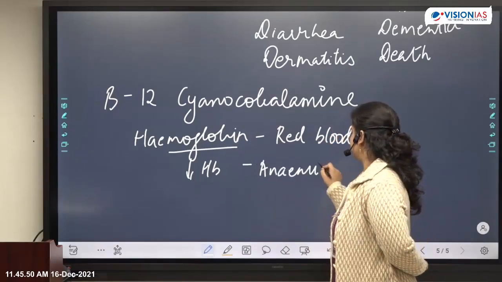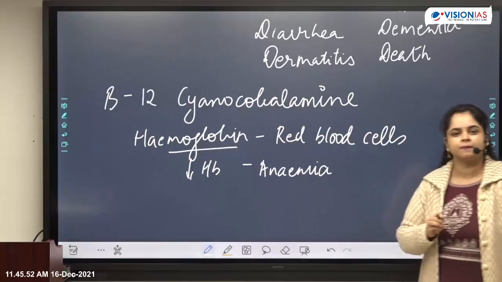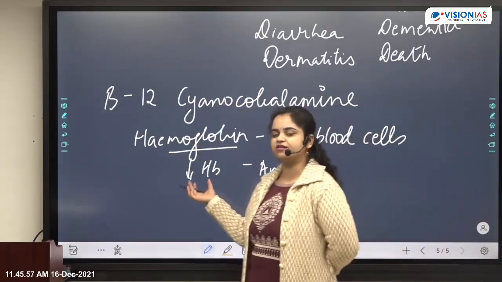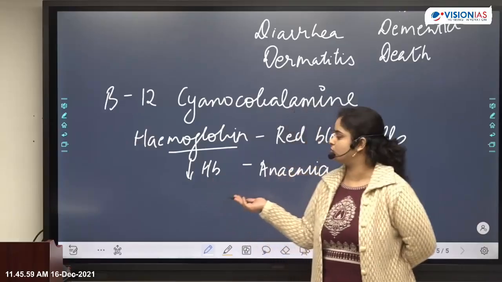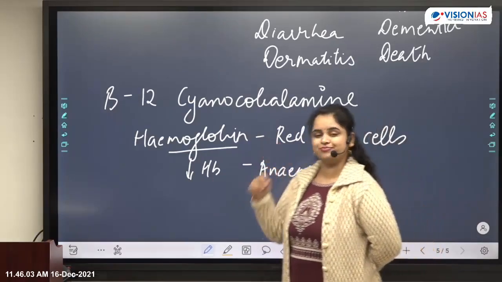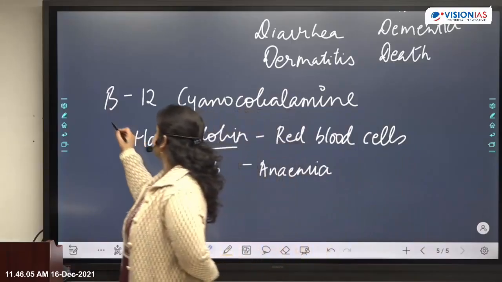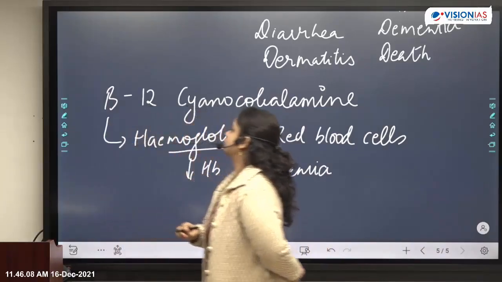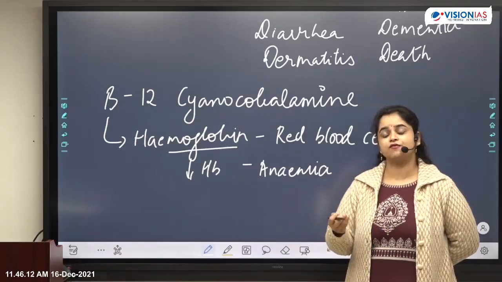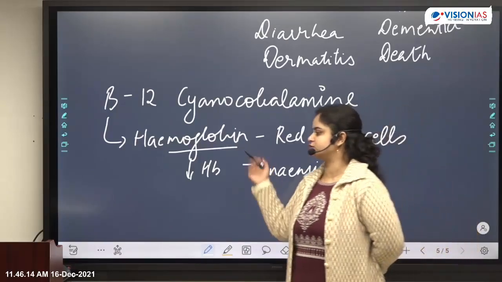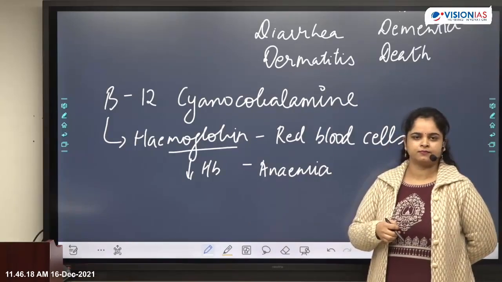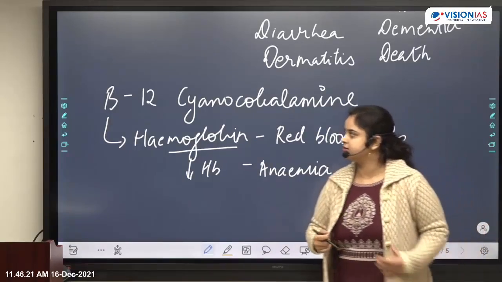I am sure everybody has heard about anemia. Anemia is the term we use for a reduced amount of hemoglobin. B12 is helpful in production of hemoglobin. So if we have less of B12, we will have less hemoglobin and anemia as a result.